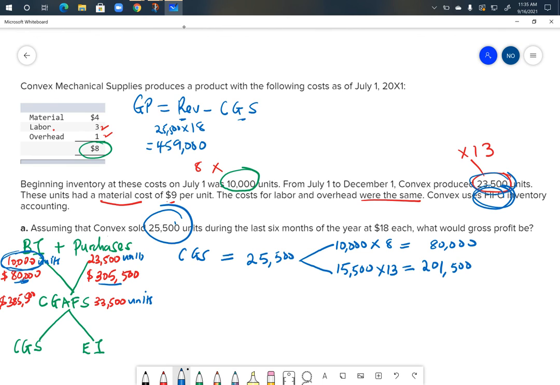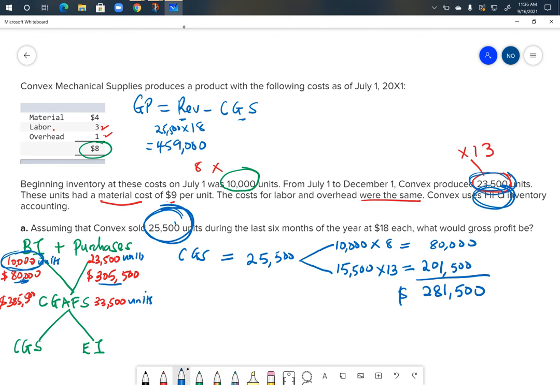The total cost is taking the 201,500 and adding 80,000, which gives a total cost of goods sold of $281,500. This is the cost of the 25,500 units sold.